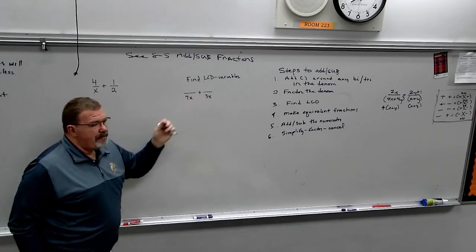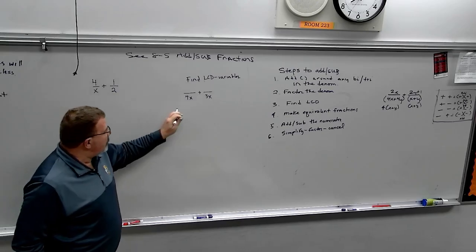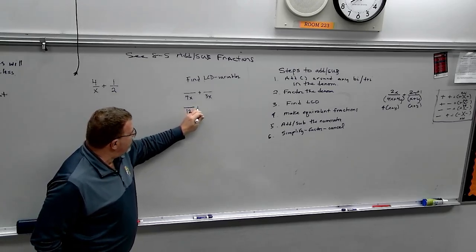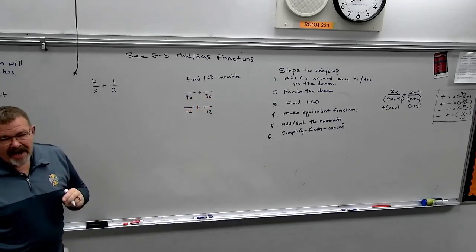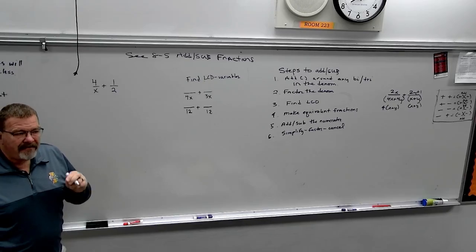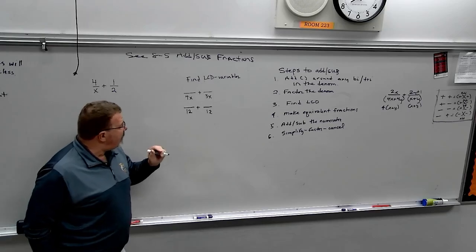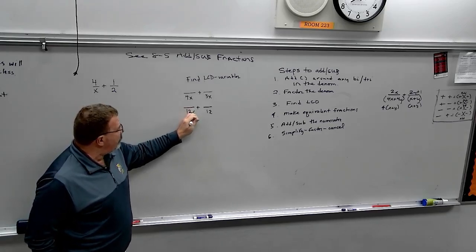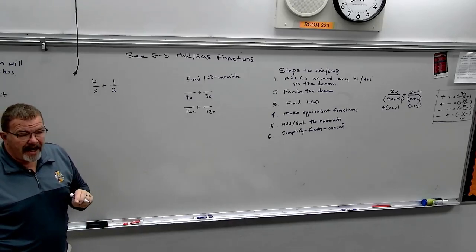What's the LCD of 4 and 3? 12. Okay, so they both go into 12. Now see how they both have an x. You have to have at least one of every variable. At least one of every variable. So my LCD here would just be 12x. Not 12x squared, it's just 12x.